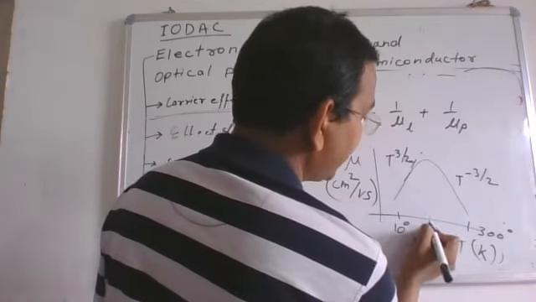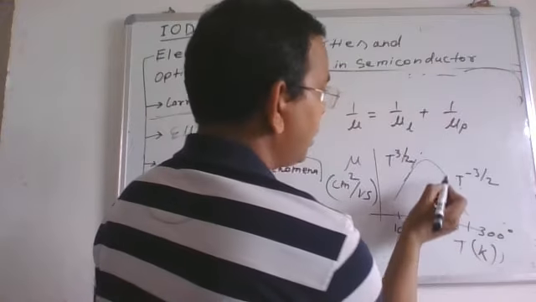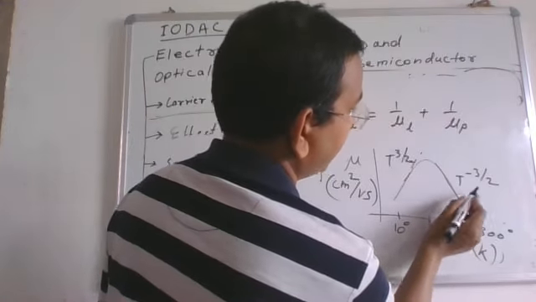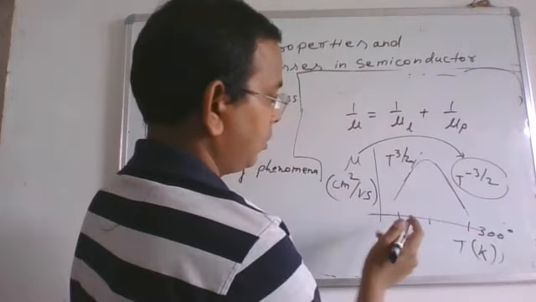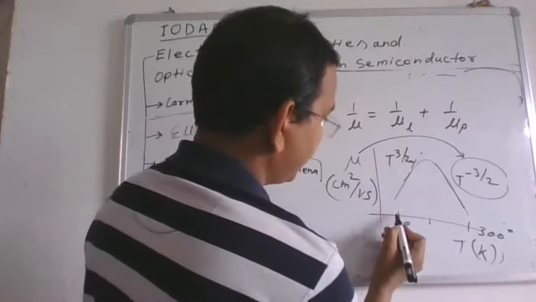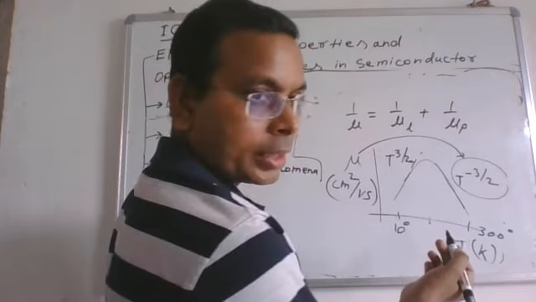At very high temperature, carrier concentration starts increasing and mobility starts decreasing, and this is the dependency of mobility on temperature. At lower temperature, when temperature increases, there is the phonon effect.